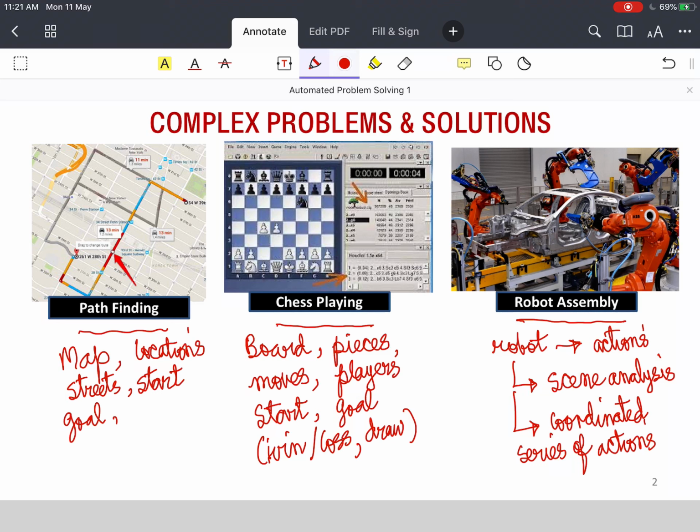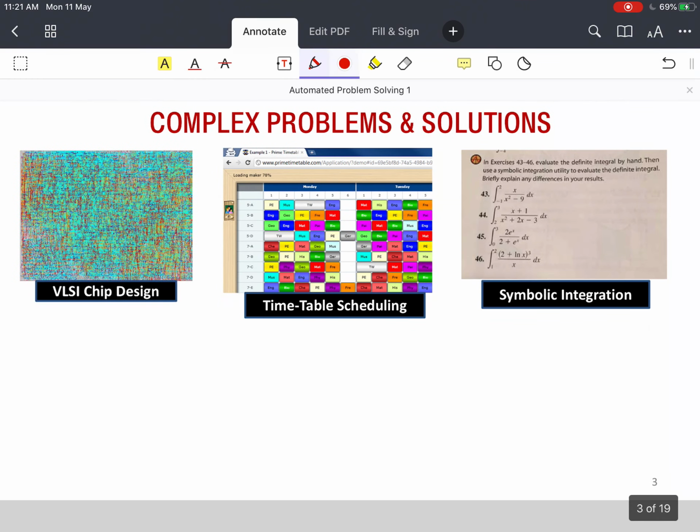So we will slowly see that even though these problems have individual solutions, there is a commonality among these problems which enables us to find a common approach to solve all these problems. Let us see a few more problems. We all of us use a circuit board or a chip, and in a chip there are millions and trillions of transistors connected to each other.